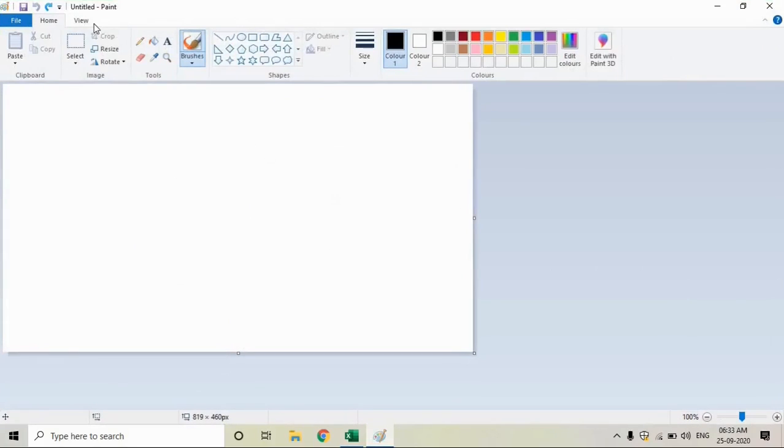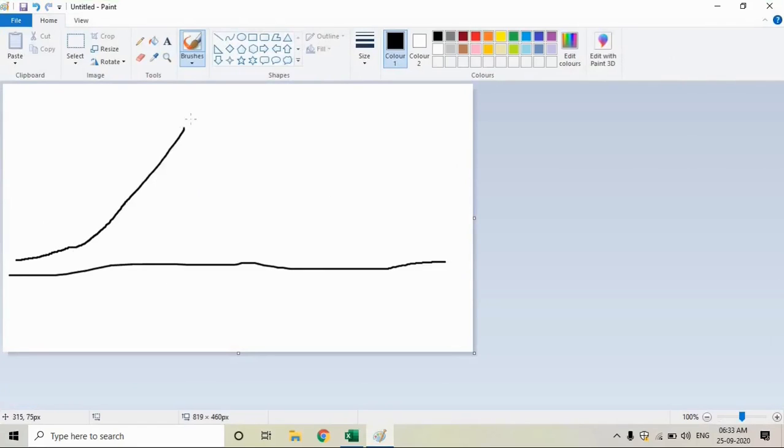I can show you how a normally distributed series would look like. So let me try that in Paint. It would be like a bell-shaped curve. In this case, the values of mean, median and mode are equal. So we would discuss this concept later.